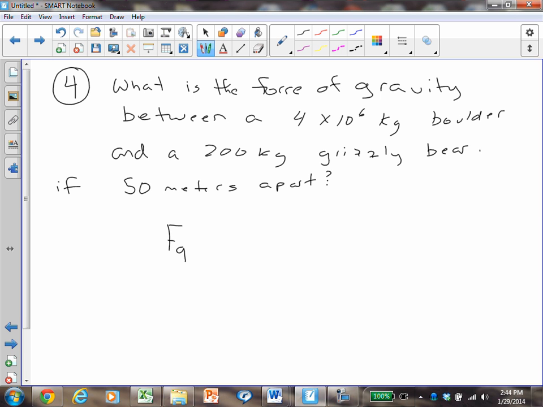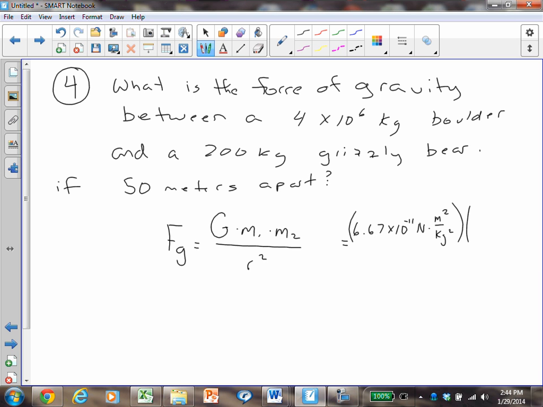Well, Fg is big G, m1 times m2 over r squared. That's a good formula to know. Big G is always the same. That's something that's in your reference table. Probably didn't have it memorized by now.